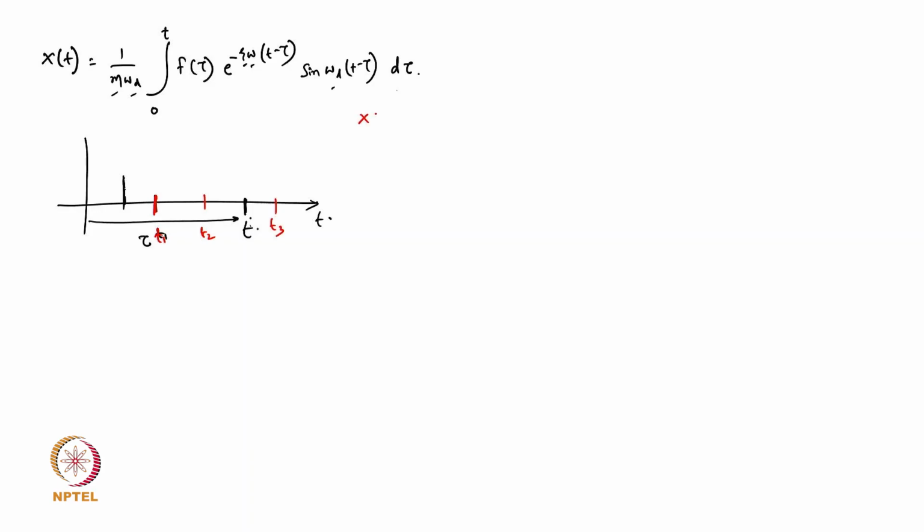So once you are doing x of t1, then you will do 1 by m omega d from 0 to t1, then the full integration, which I'm not writing, it will remain the same. The only thing is that you will put t1 minus tau. Maybe I just call it some constant a into integral 0 to t of f of t minus tau d tau.